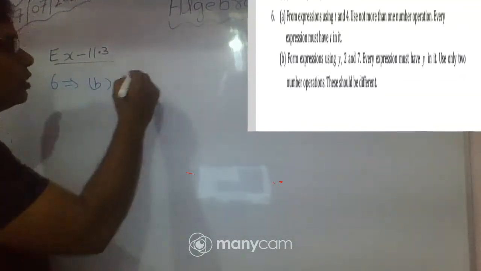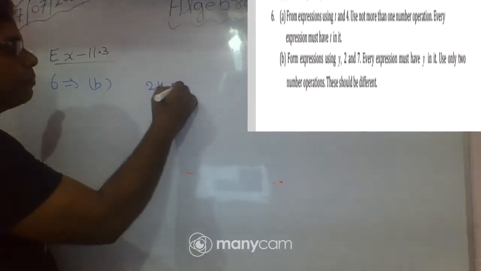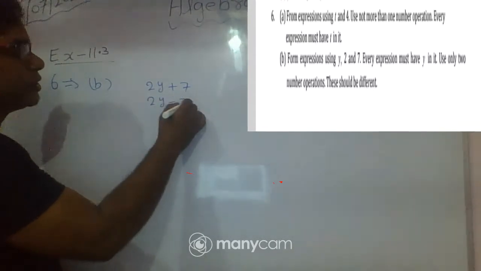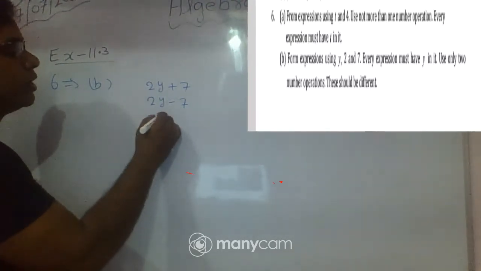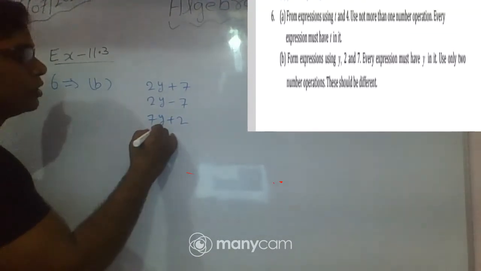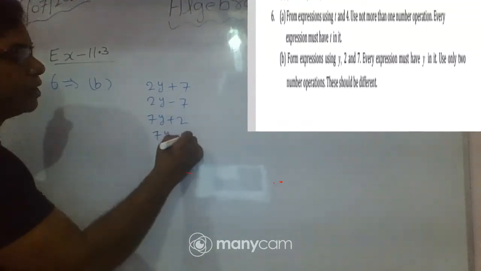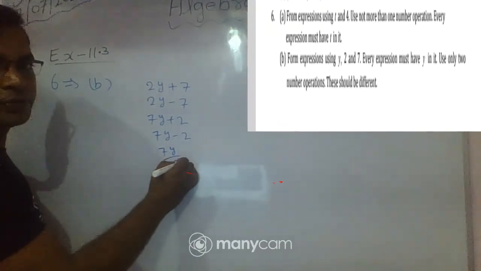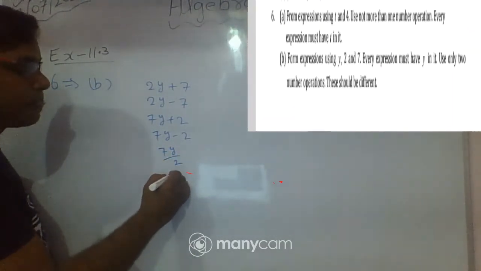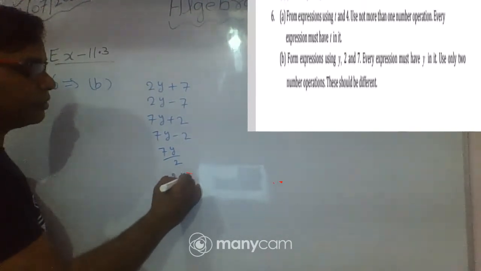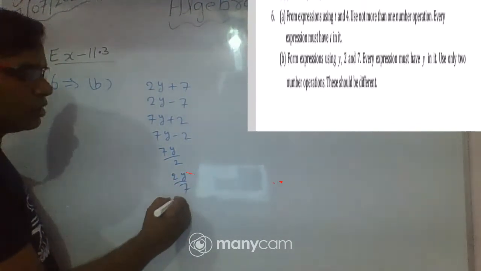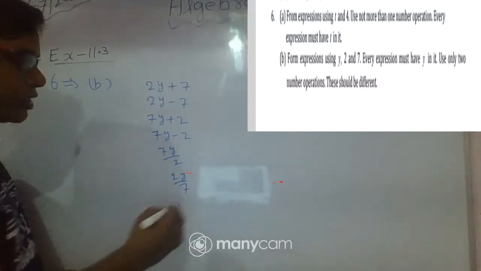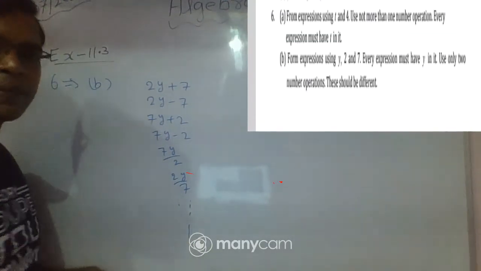Using y, 2, and 7, you can write 2y plus 7, 2y minus 7, 7y plus 2, 7y minus 2, 7y by 2. Clear? Yeah, 2y by 7, and so on. Many expressions you can make. Clear?